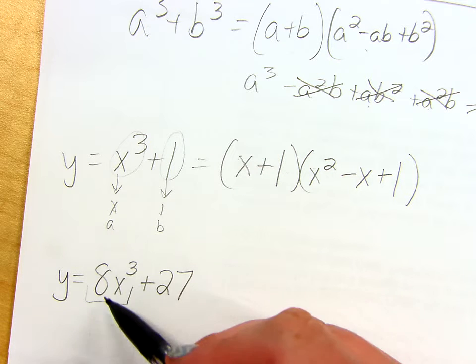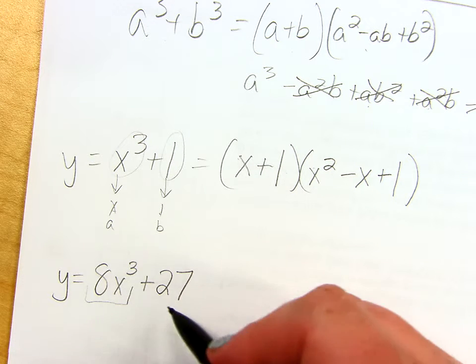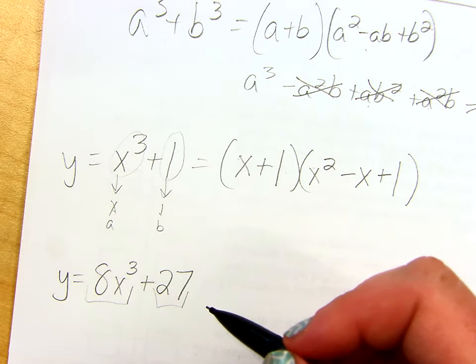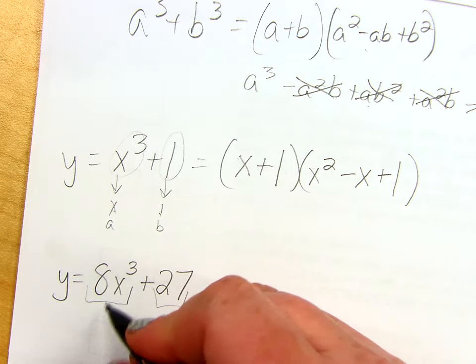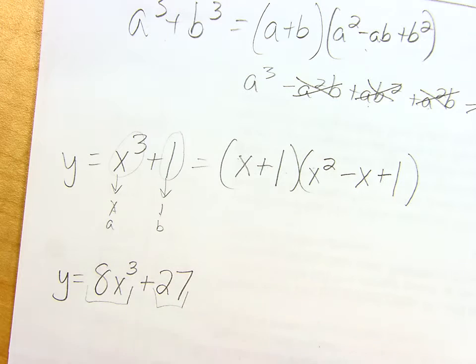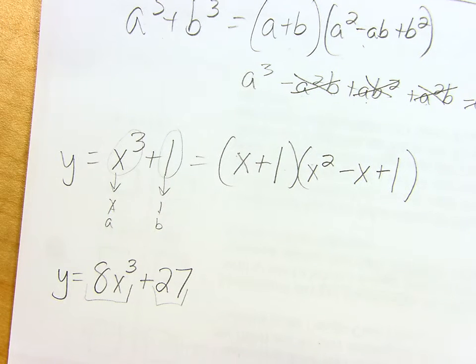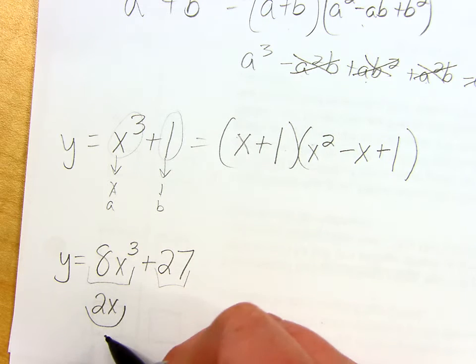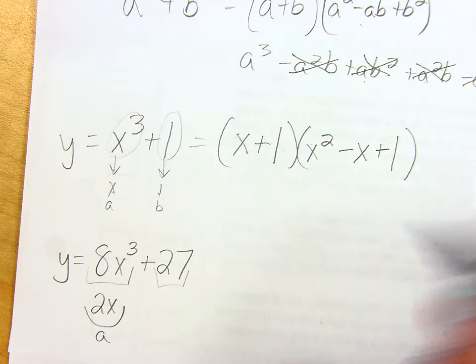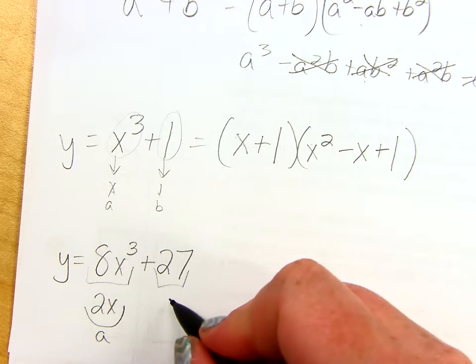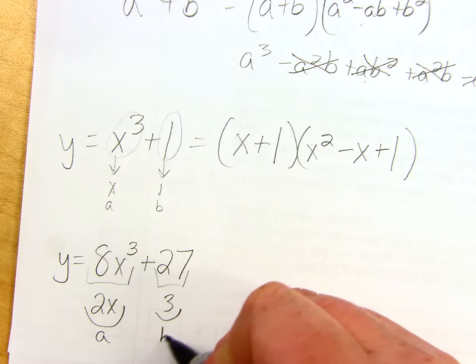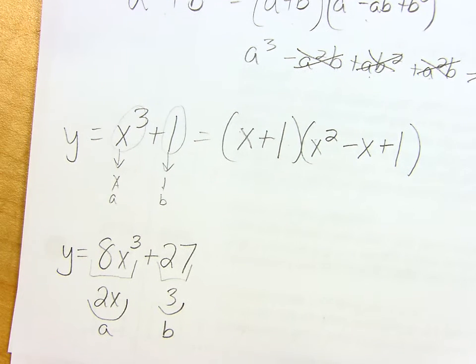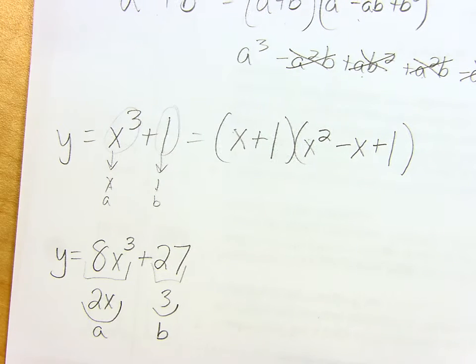Yeah, because 8 is a perfect cube and so is x cubed. And 27, that's a perfect cube also, right? The cube root is 3. So what is the cube root of 8x cubed? 2x. So that is what I put in place of a. What's the cube root of 27? 3. So that is what I put in place of b. Does that make sense? And now I'm just going to follow the pattern.